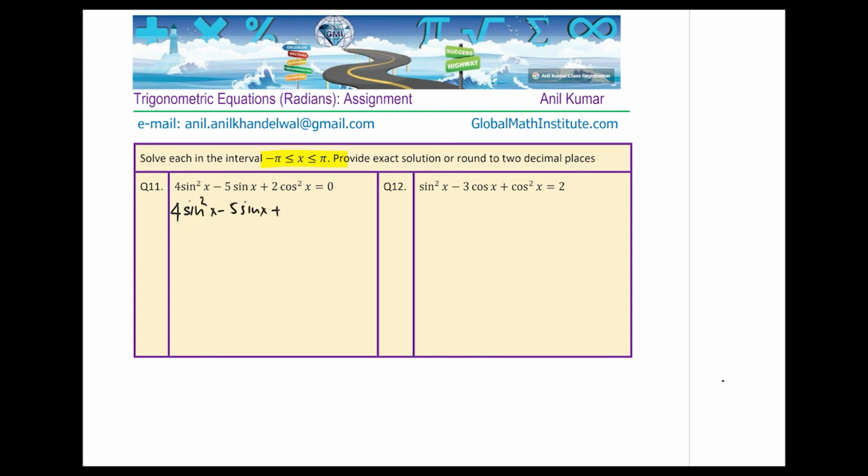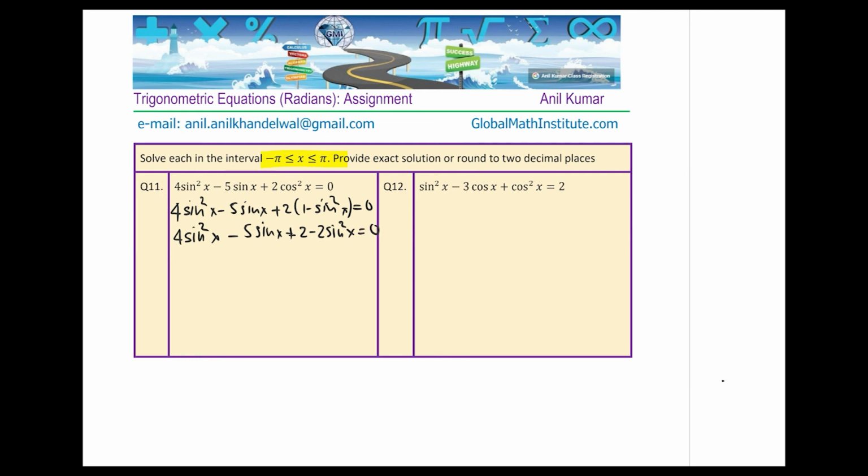Two times 1 minus sine square x equals 0. So we get 4 sine square x minus 5 sine x plus 2 minus 2 sine square x equals 0.